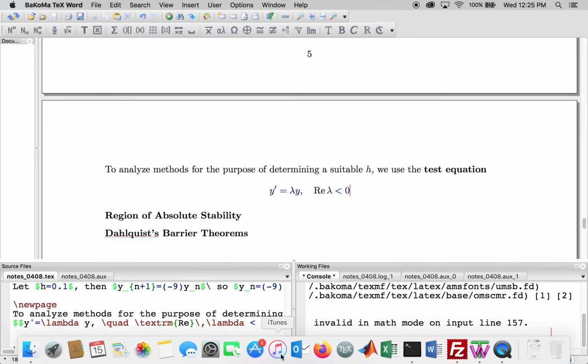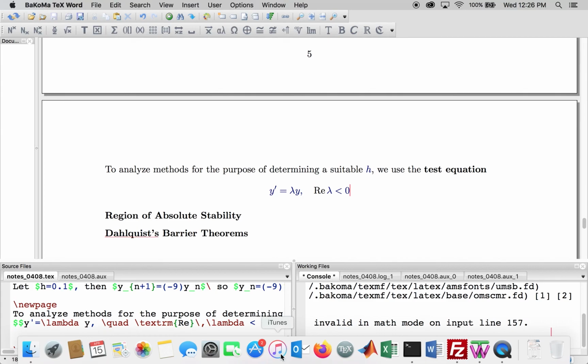The reason we focus on exponential decay rather than exponential growth is that if an ODE's exact solution exhibits exponential growth, it's not a well-posed problem. It does not satisfy the third condition for well-posedness: the solution must depend continuously on the data. If the exact solution grows exponentially and you change the initial data a little bit, that change will be magnified exponentially in the solution over time. So we can't really call it a well-posed problem.